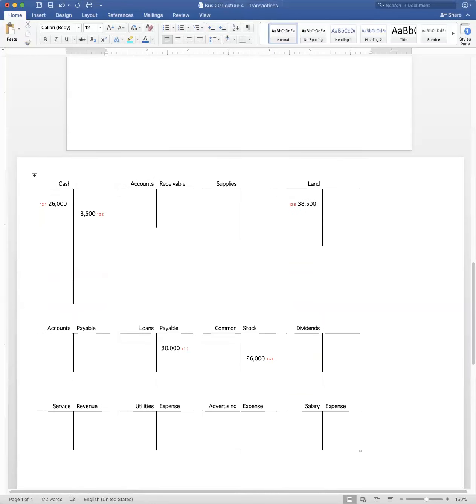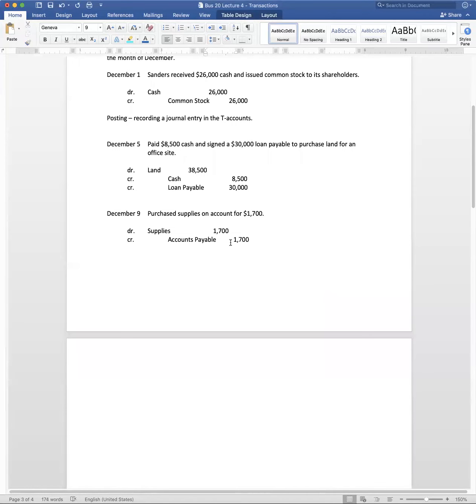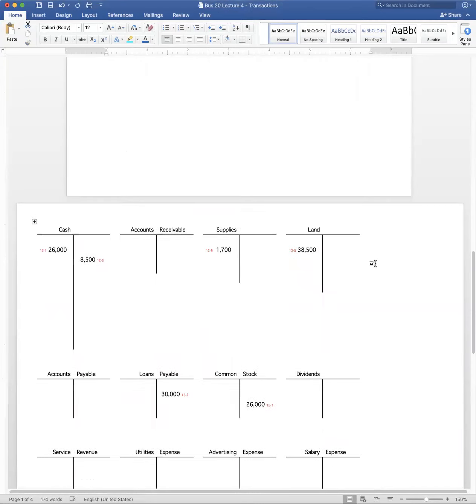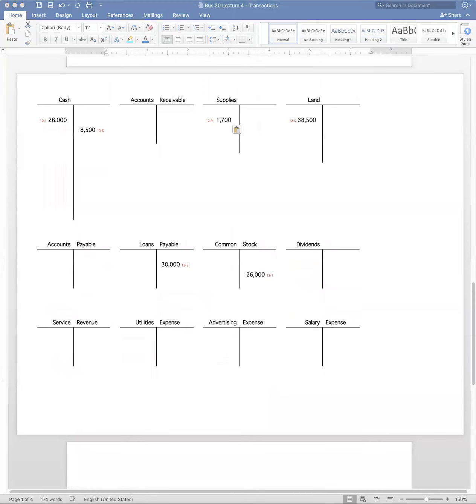So we'll go to our T accounts here and we're going to copy over $1,700 debit to supplies. And then we have a credit to accounts payable of $1,700. So we are going to credit the accounts payable T account for $1,700.